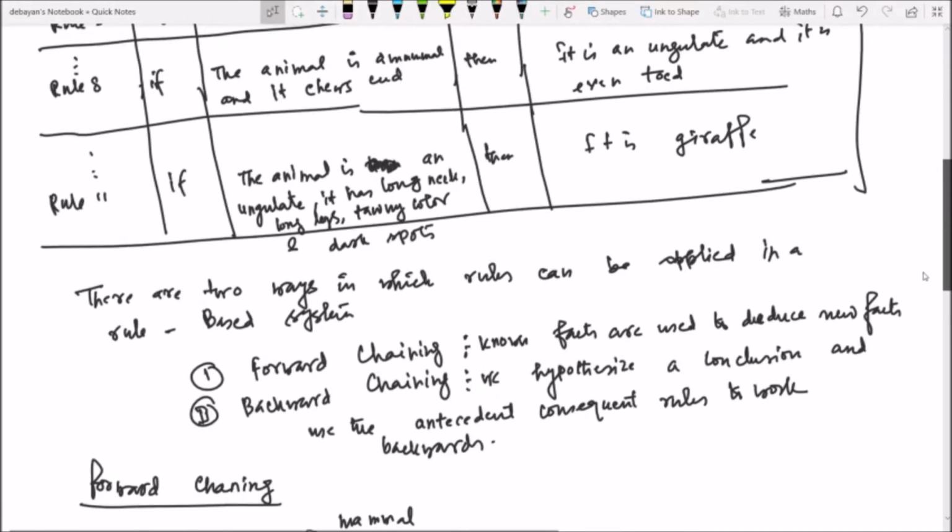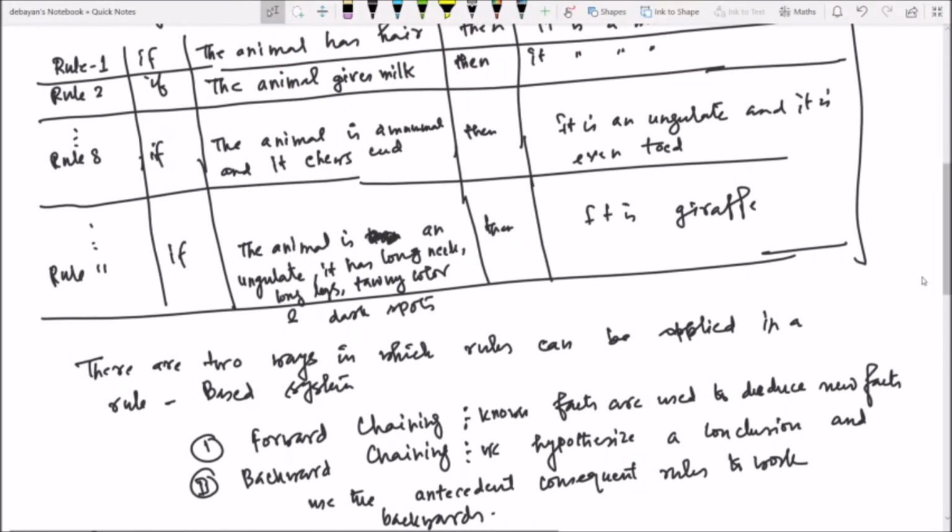There are several rules, like rule 8, and if we incorporate rule number 5, that if the animal is a mammal and it eats meat, then you can say it is a carnivore.